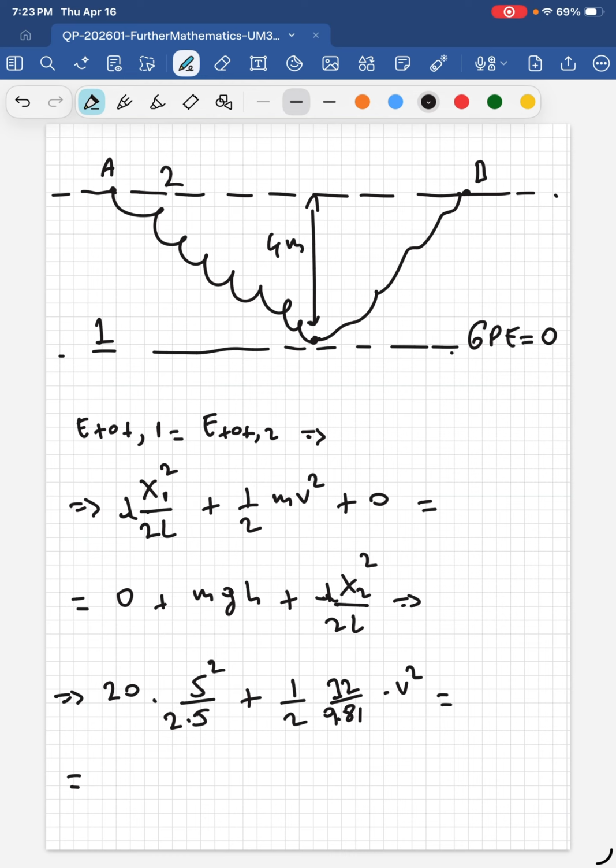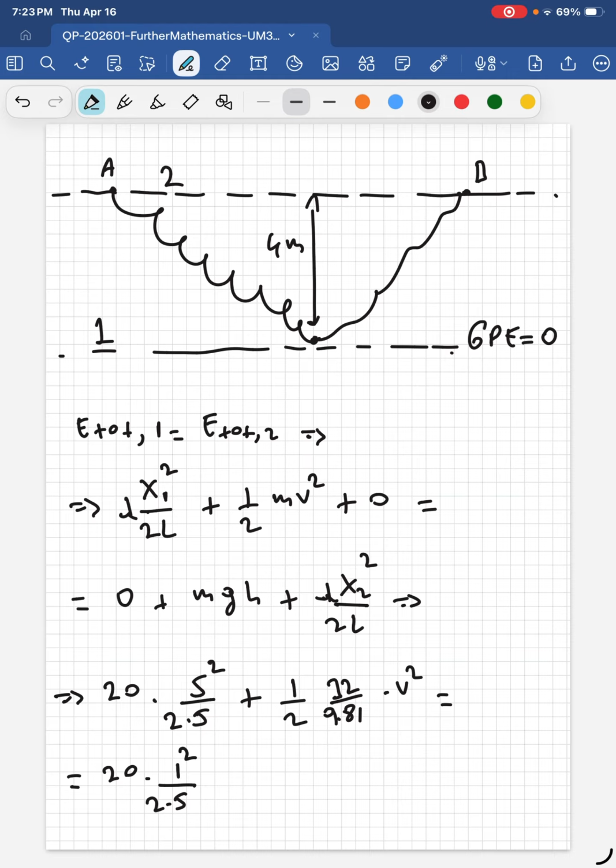And this is equal to 20 times the extension at point 2, which is simply 1 squared, over 2 times 5. And why is it 1? Because at point 2, the length of the string is 6 meters, but the natural length is 5, so the extension is 1, okay?